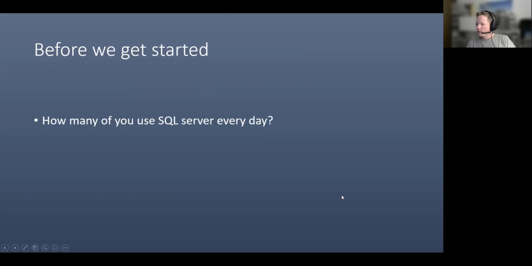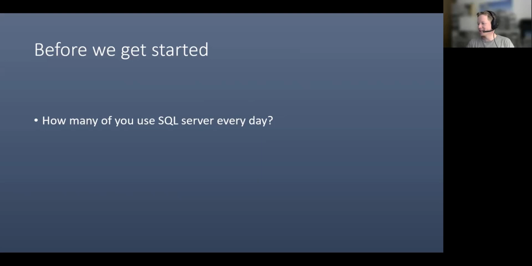SQL Server security can be really complex, and 1 hour is not nearly enough time to cover all of it. The first time I tried to do this presentation, I ended up with a 3-hour presentation, so obviously I've had to cut a lot of material.